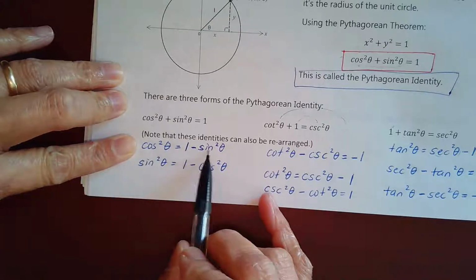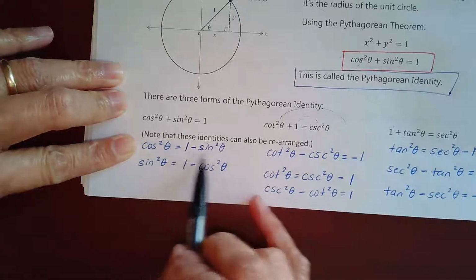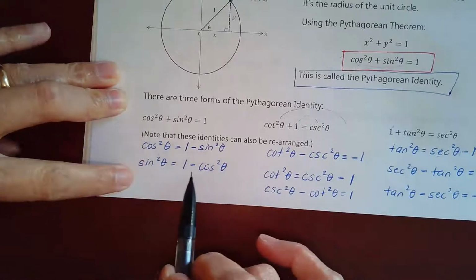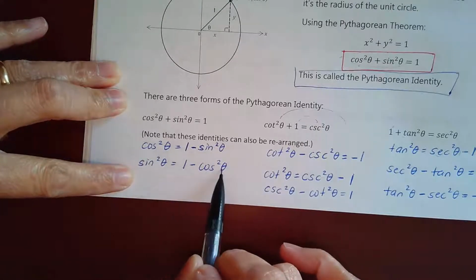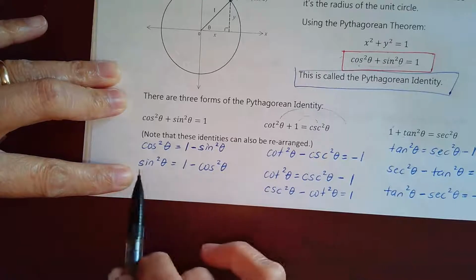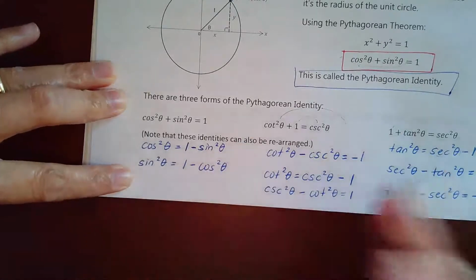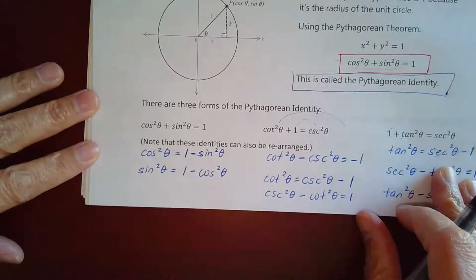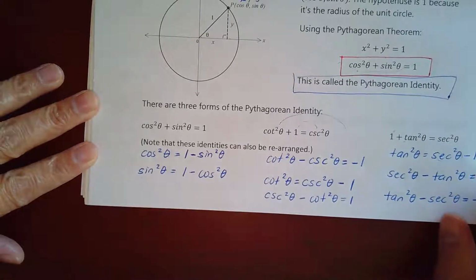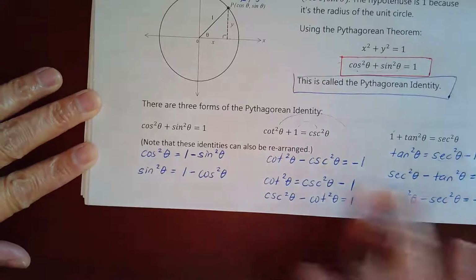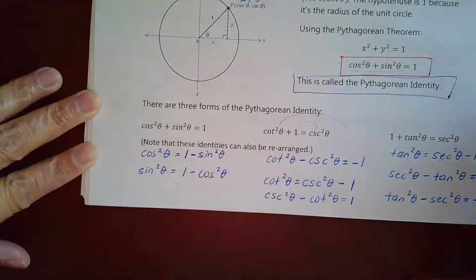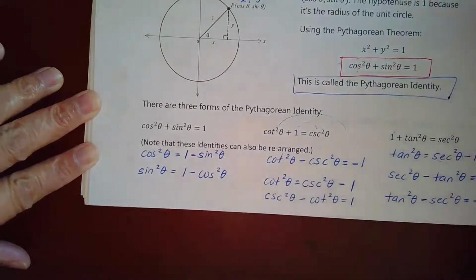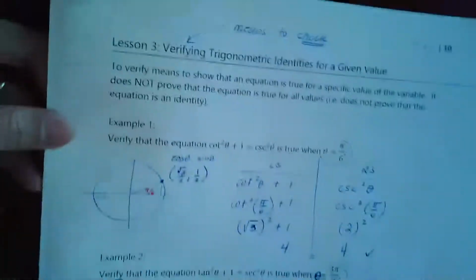If we see 1 minus sine squared theta, we can replace that with cos squared theta. If we see 1 minus cos squared theta, we can replace that with sine squared theta. Those are just a review that I wanted to talk about because we're going to see it quite a bit in our lesson for today. In terms of trig identities, the basic idea is to write it in terms of sine and cos.